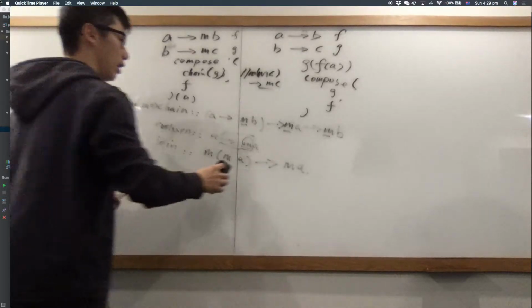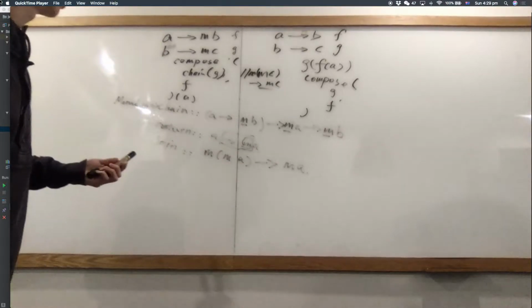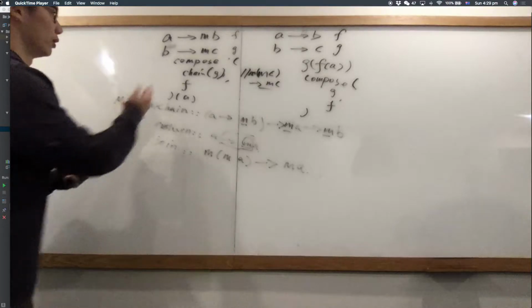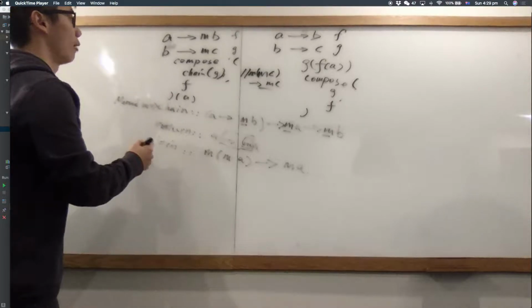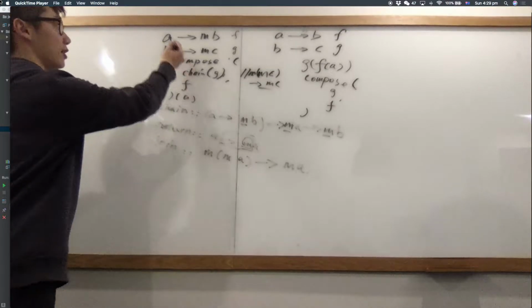All right. What does this mean? It means monad gives you composition over this kind of function.